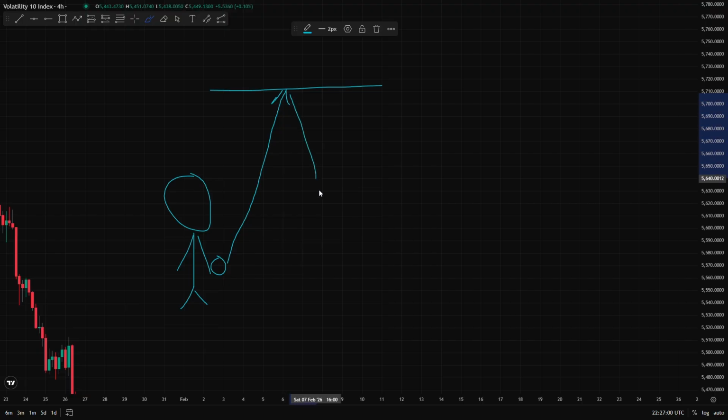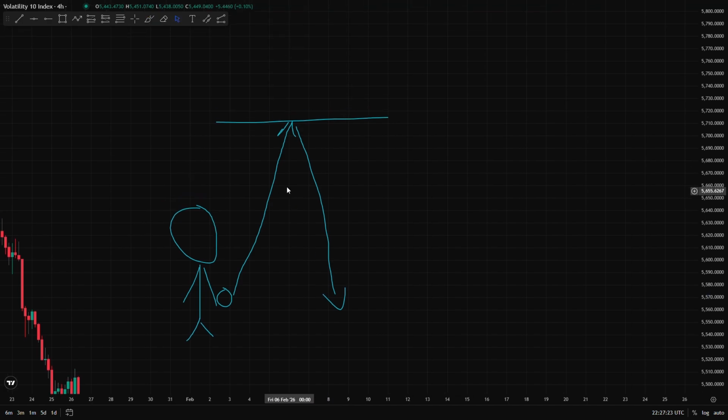Yes, you are right. The ceiling rejects the ball from going through. So what that ceiling basically did was it rejected and changed the direction of the ball. So we call the ceiling resistance.